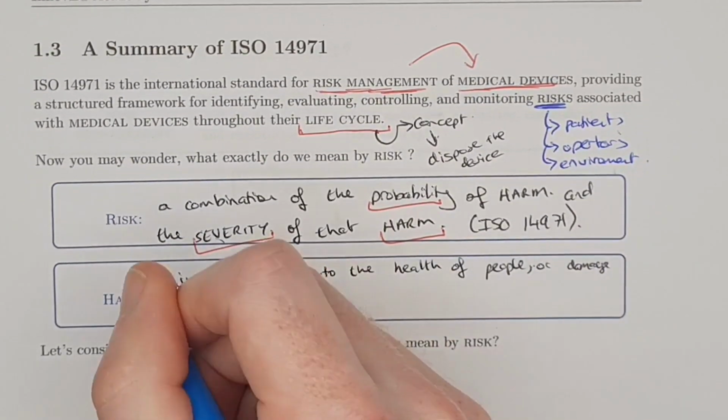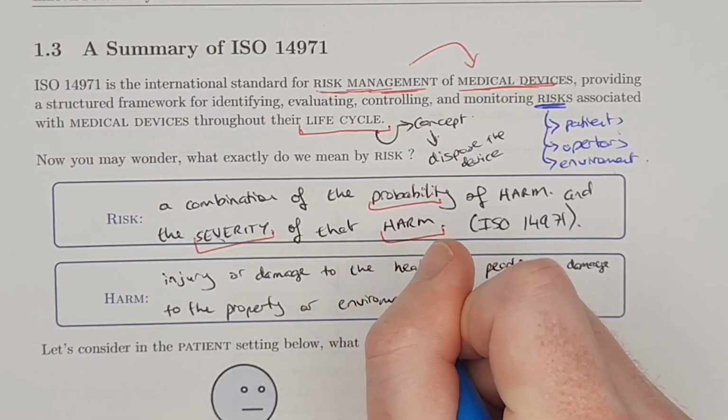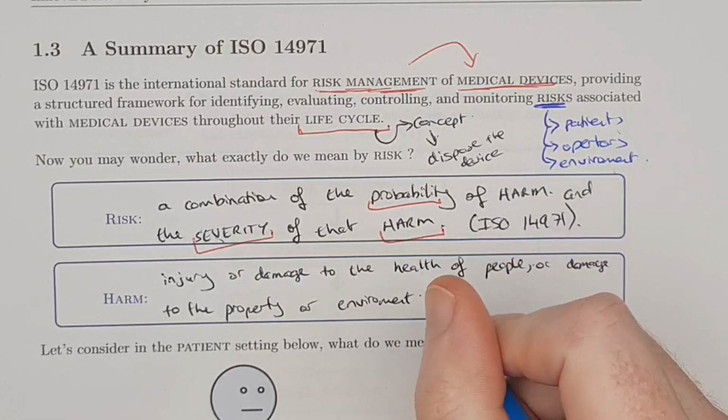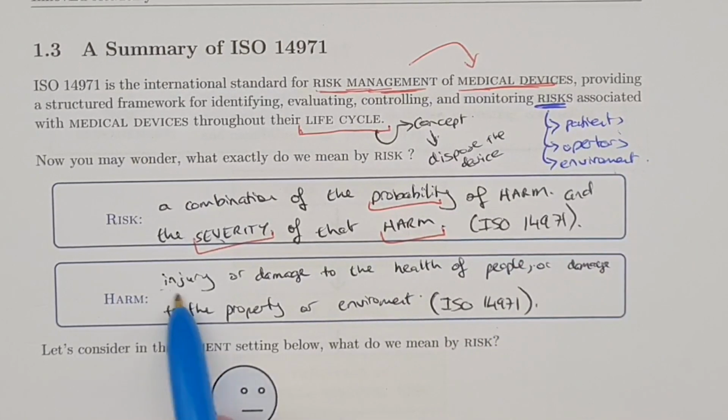The word environment there you can generally think of as the setting where the device is used. When we're talking about damage to property or the environment, you consider things like fire, substances leaking from a device, and excessive acoustic noise can be a risk. And of course, this definition also comes from ISO 14971.